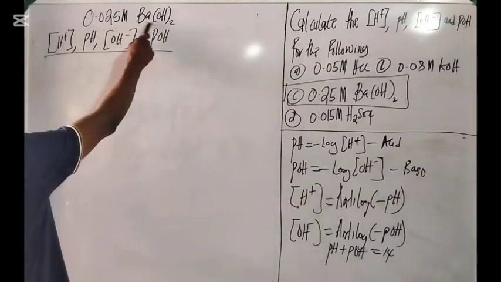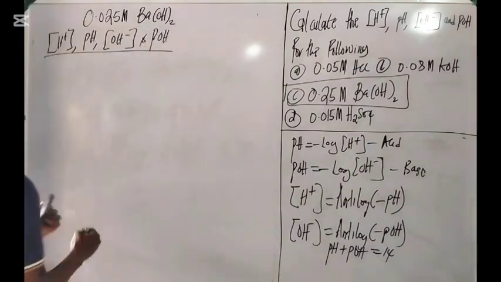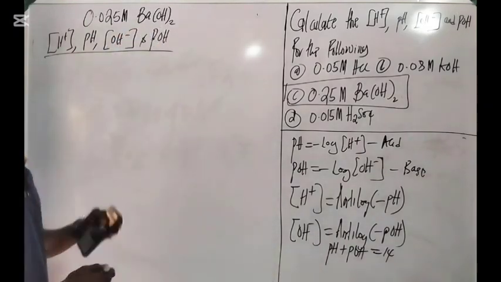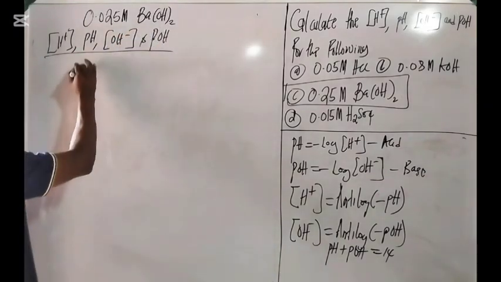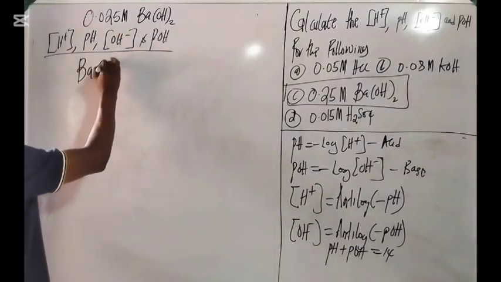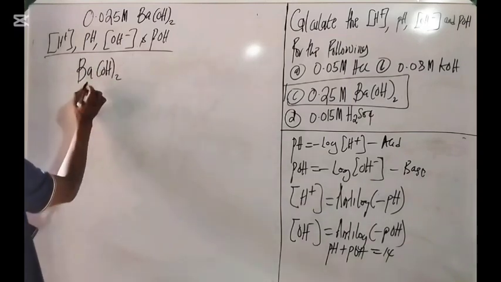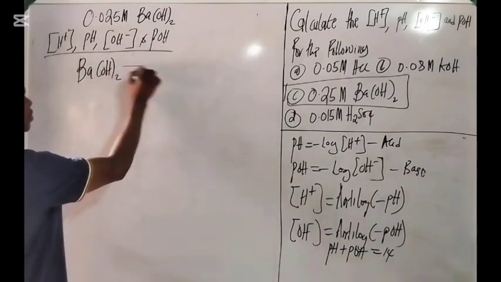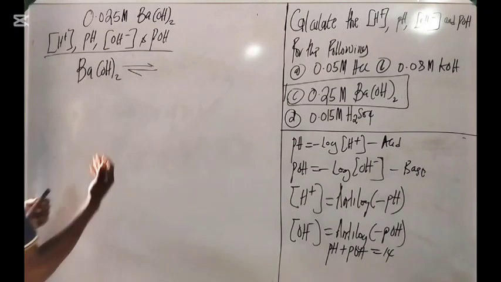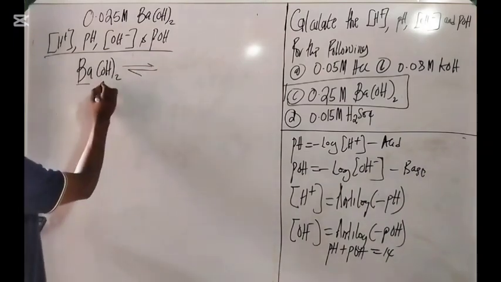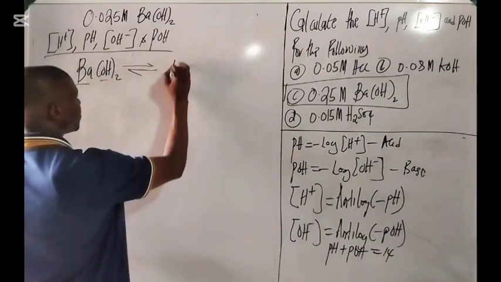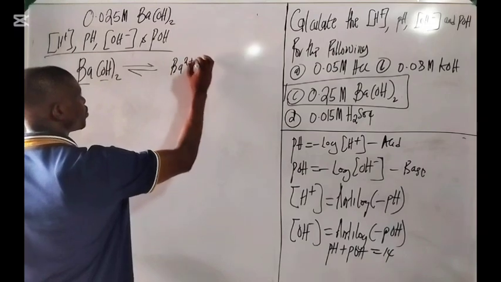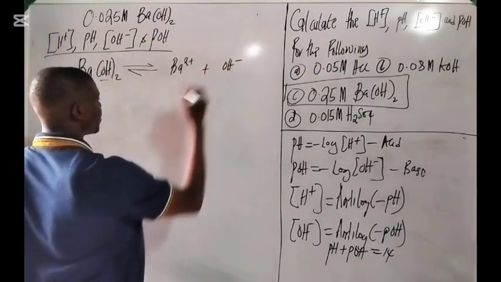So here let's write the chemical formula and the ions. We have Ba(OH)2. If you split this into its various ions, we have barium and OH, which is going to be Ba2 plus and OH minus.